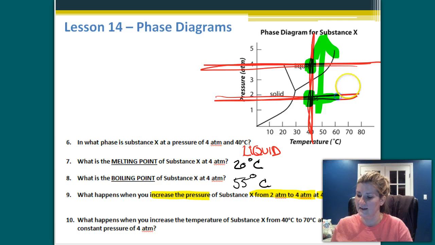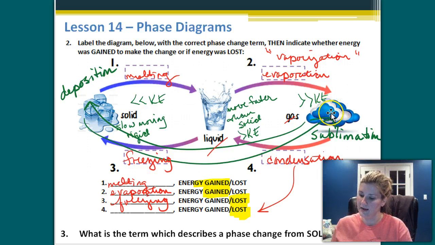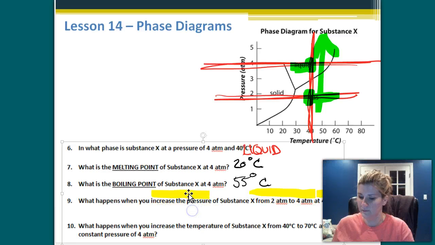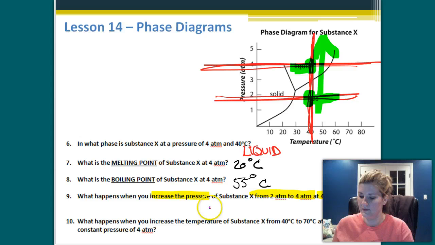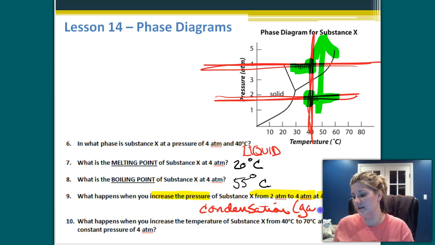So we started as a gas, we ended as a liquid. Start as a gas, end as a liquid. That's called condensation. So condensation happens when we start from a gas and go to a liquid.